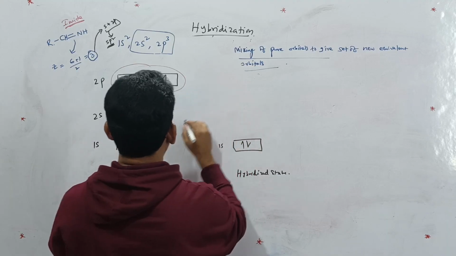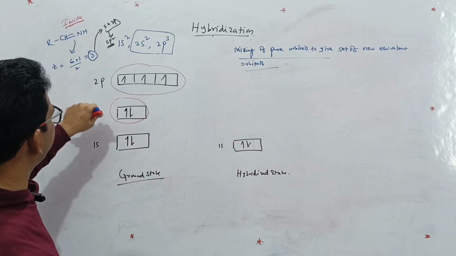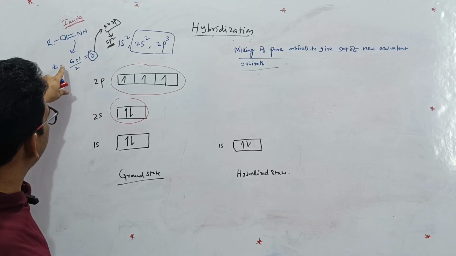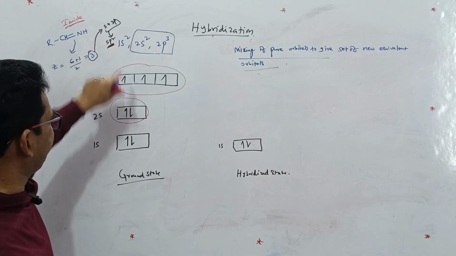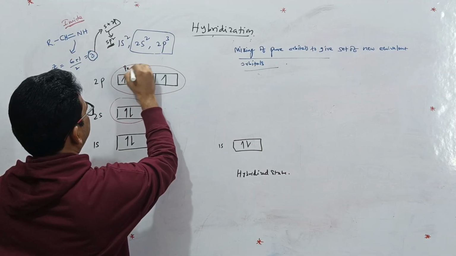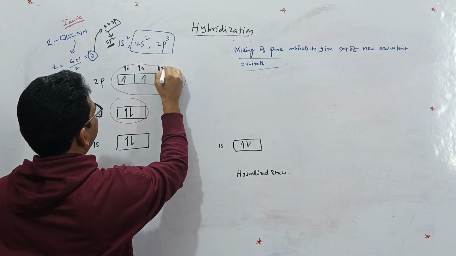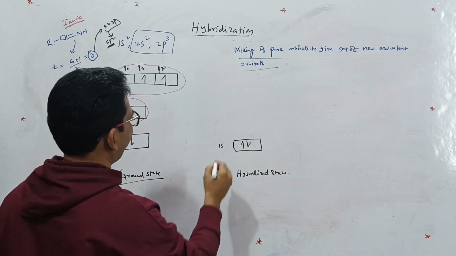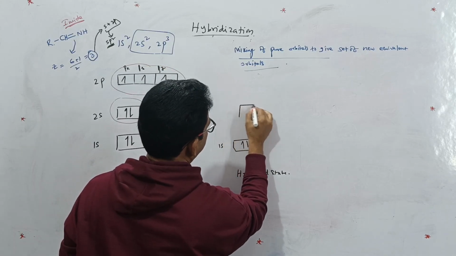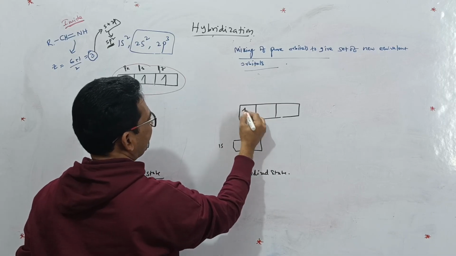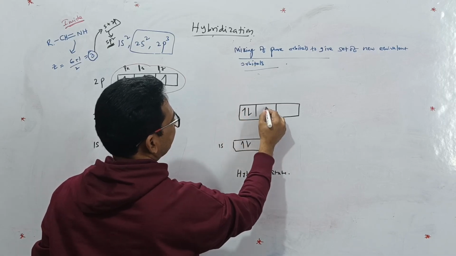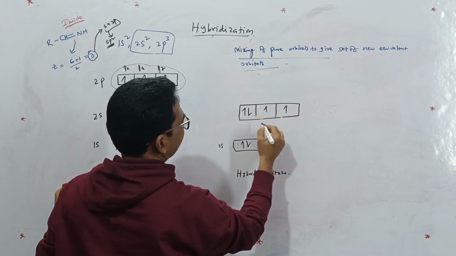Here, in the case of sp2, how many orbitals are mixing? One s and 2p, that is px, py and pz. Here the s orbital is fully filled, and these are half filled.